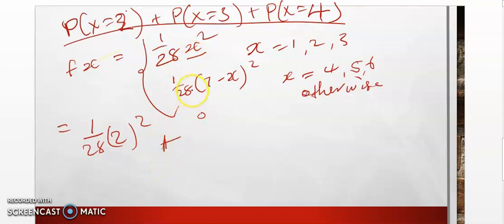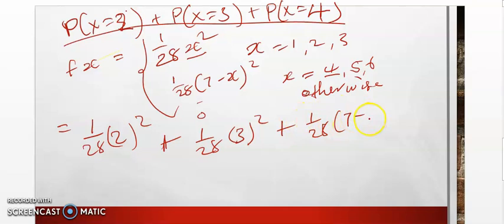Plus the probability of x when it is 3, the same thing: 1 over 28, then 3 squared. Plus when it is 4, it is 1 over 28. But remember, we have only 1 up to 3 on that side, so when it is 4, we use the other side. So it is 1 over 28, then 7 minus 4, because our value for x is 4, then this squared.